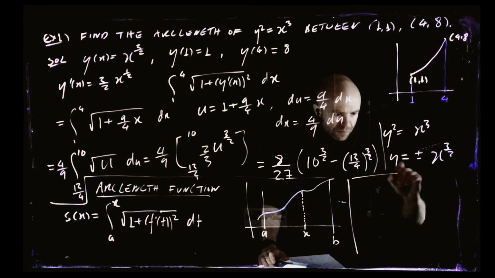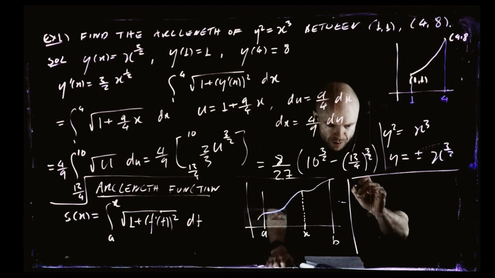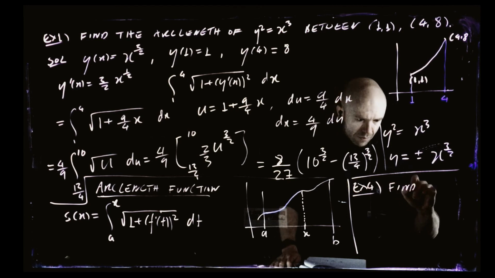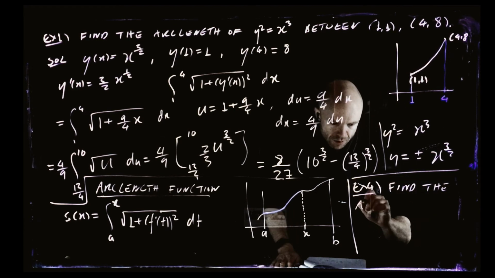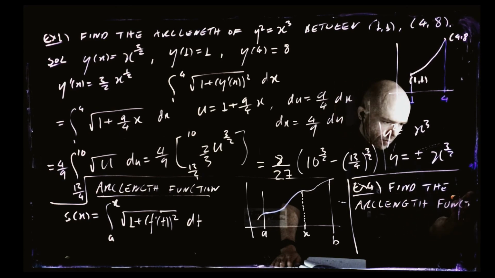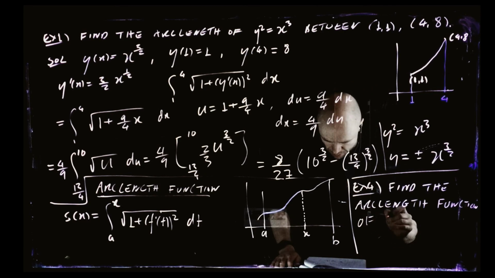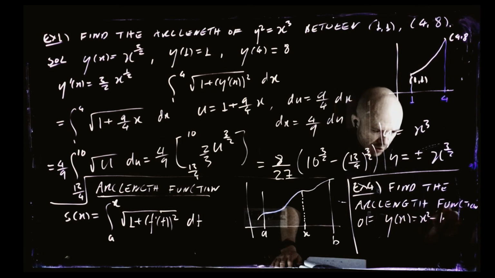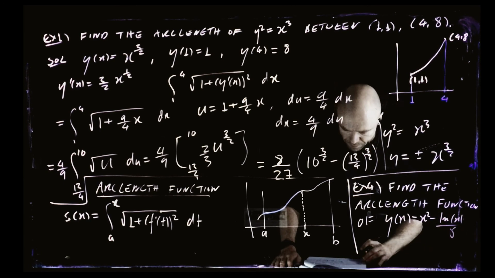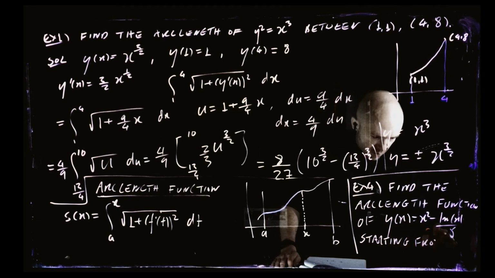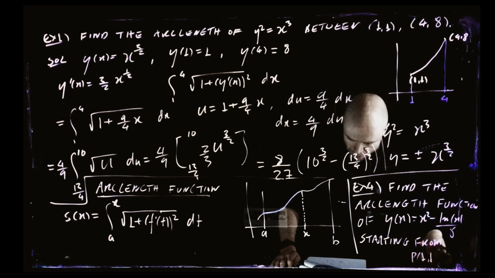Here's example 4. We'll start it off. We'll have to erase the board to finish it. Example 4. Find the arc length function of this guy. y of x is equal to x squared minus log of x over 8, starting from the point P(1, 1).